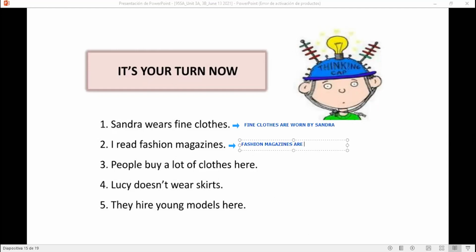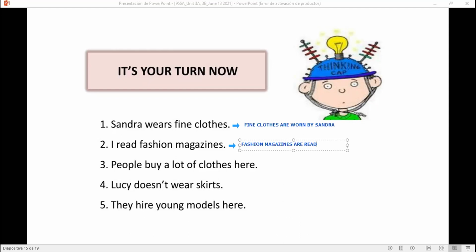Are by me. Pero nos hace falta algo más ahí. Ya tenemos el verbo to be en presente simple. Read. Exacto. El verbo que sigue con pasado participio. Acuérdense que read es uno de los pocos verbos que se escribe igual, pero nosotros sentimos que está en pasado participio por la pronunciación.